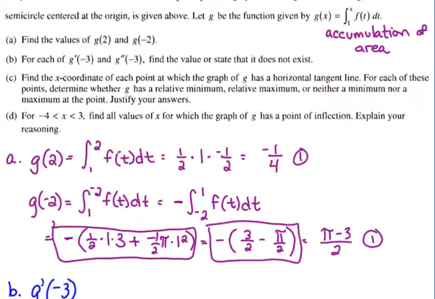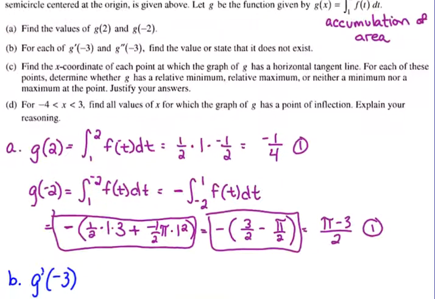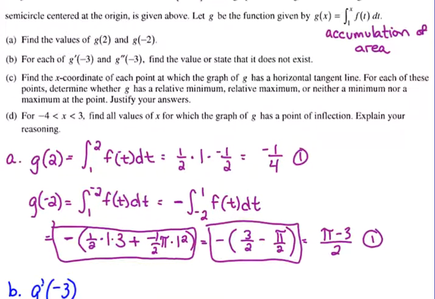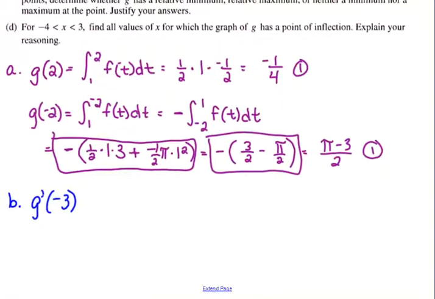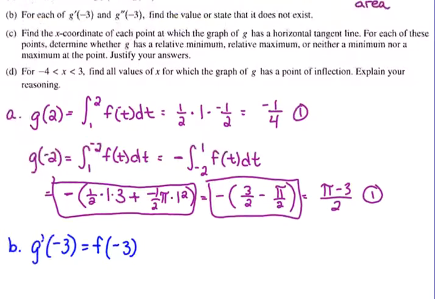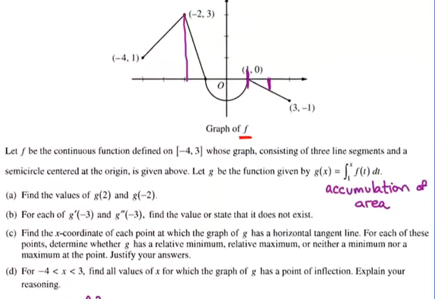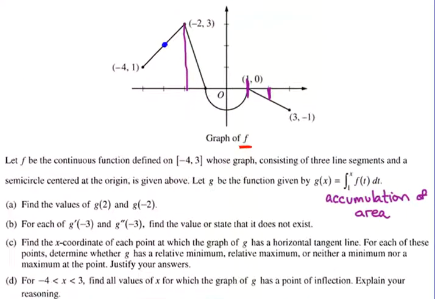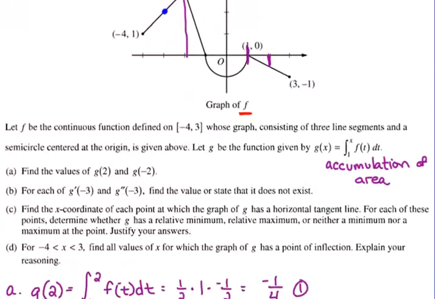So if we take the derivative of an integral, they cancel, but just remember you have to plug in that limit. So the limit was the x, so g prime of negative 3 would be equal to f of negative 3. And so we just get that from the graph. F of negative 3 is right here. That's linear, so that would be at 2.